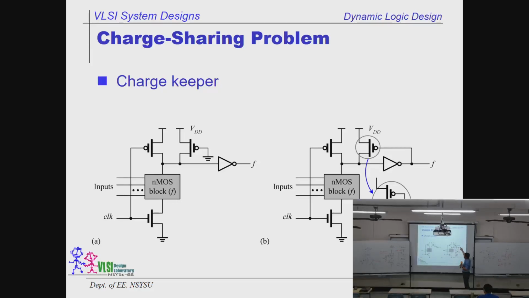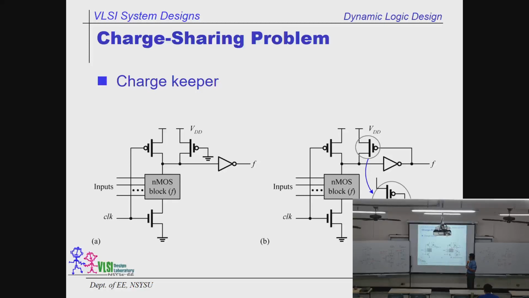We use a keeper. When this is 1, even though it is pulled down a little bit by one of the NMOS transistors over there, and the 1 over here gives a 0 on the output of the inverter, then 0 will turn on this one.